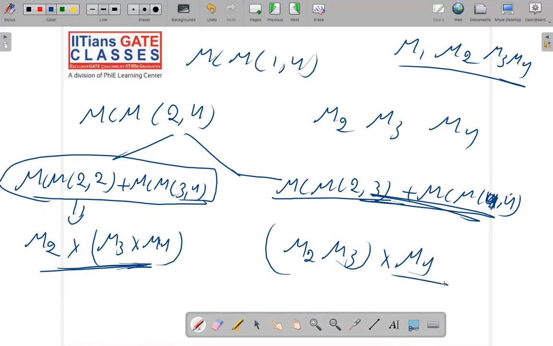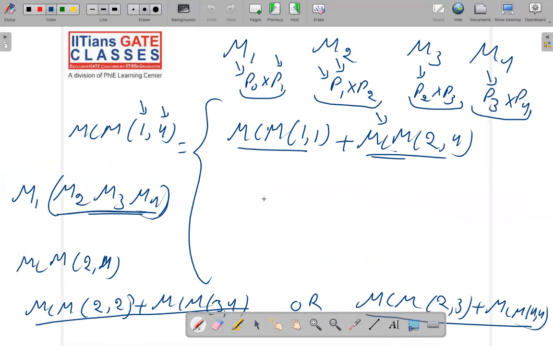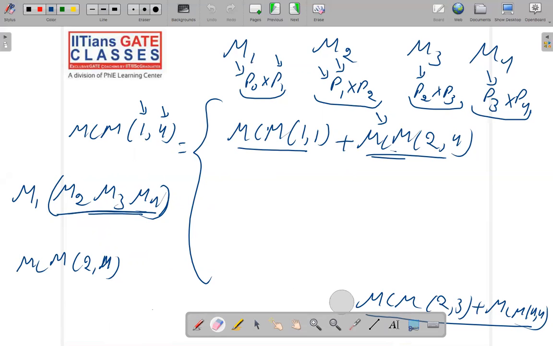So I hope you understand. Once I write MCM, matrix chain multiplication, 2, 4, we have 2 calls, and we will consider the minimum of these 2, right? So we recursively drill down to 2, 4 again. We will see the minimum of all the options we have, then again call 2, 4 and try to calculate all the options we have.